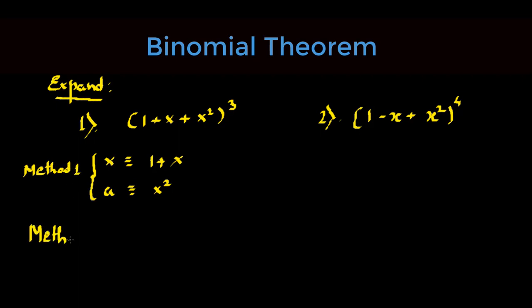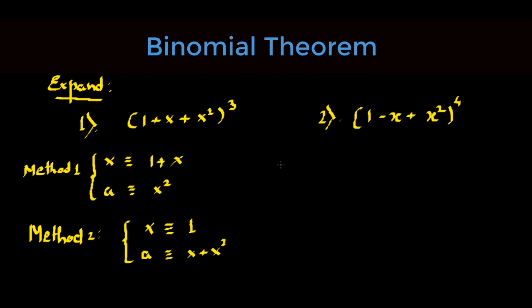It's much easier for the calculation. Well, it was going to take the same amount of time. This is just a way of choice, whichever you want to do. So what you do is you allow x to be 1 and a to be x plus x squared. So you can use either method 1 or method 2 to solve 1 and 2.